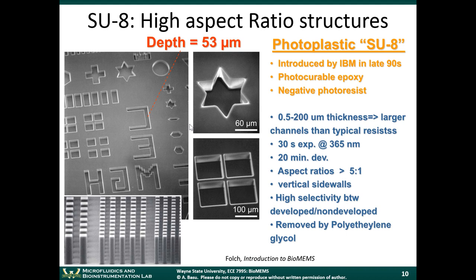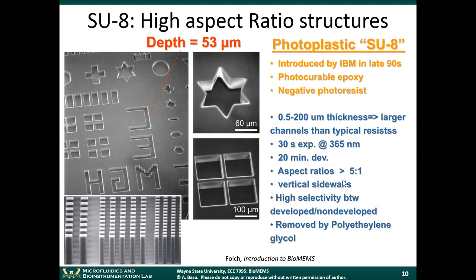This is a good range for microfluidic channels. You can expose SU8 at 365 nanometer light, which is readily available. It's in the ultraviolet range, but you can easily find these types of bulbs. It has this property that you can get very high aspect ratios.